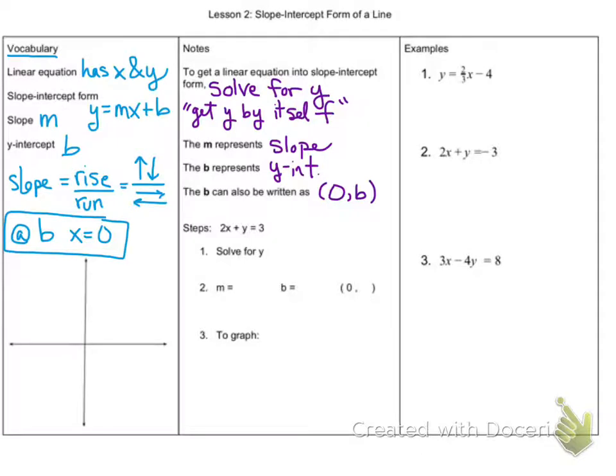So in this example, to solve for y, I need to subtract 2x from both sides. And once I do that, y is alone, but this isn't quite mx plus b, it's backwards. So I'm going to write it as y equals negative 2 over 1 x plus 3.